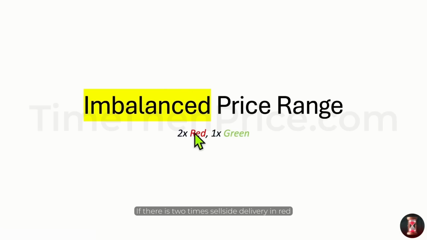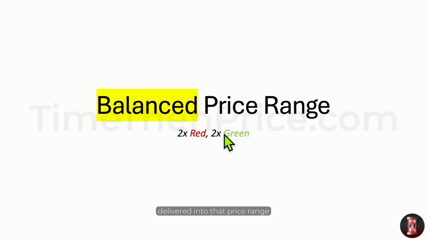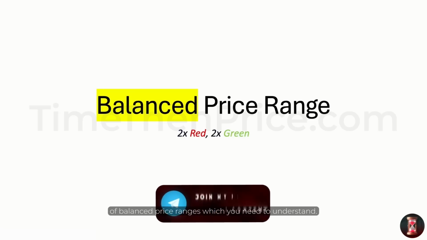If there is 2 times sell side delivery in red and 1 time buy side delivery in green, there's an imbalanced price range. Therefore, more buy side has to be delivered into that price range for the price range to become balanced. That right there is the underlying understanding of balanced price ranges, which you need to understand.